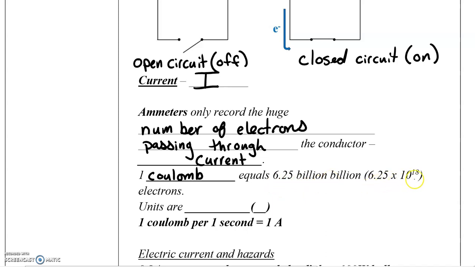So that's 6.25 times 10 to the power of 18. That's a huge amount. The units for current are called amperes, and we say A. So 1 coulomb per second is 1 ampere.